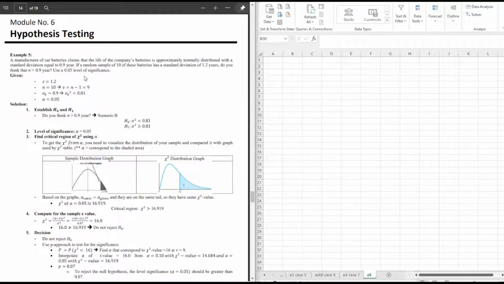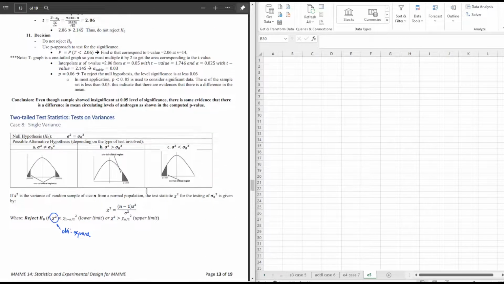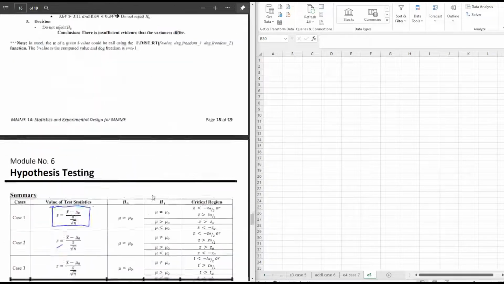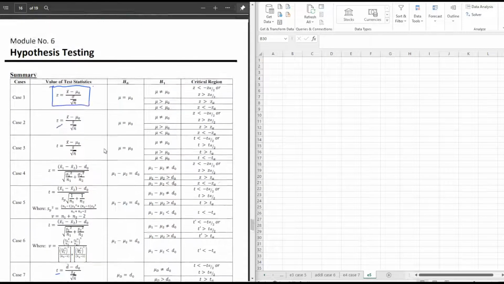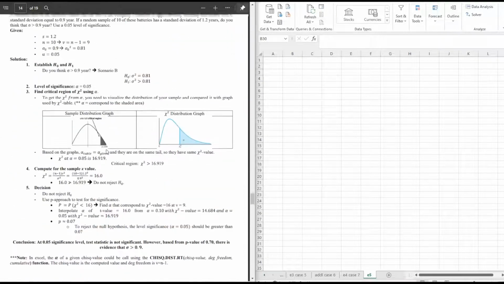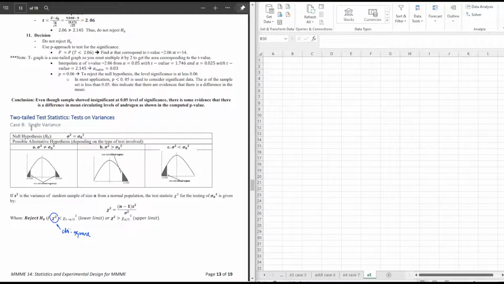So let's use a level of significance. This is a case wherein we are not comparing means anymore, we are comparing standard deviations, and that is in the realm of case 8 and case 9. Case 8, we are comparing a single variance.